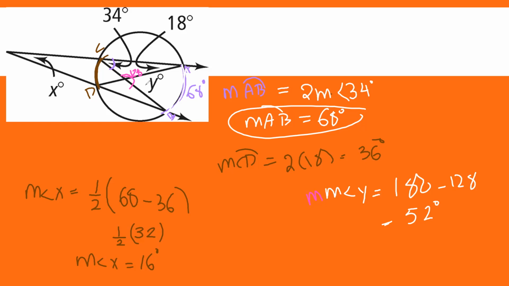This angle right here is not inscribed inside the circle, neither is it a central angle. It is just an angle inside the circle, and to find the measurement of such an angle, it is half the measurement of the two intercepted arcs. The two arcs for y here are 68 and 36. So it's going to be half of 68 plus 36. That is the theorem we took in, I think, the fourth lesson.